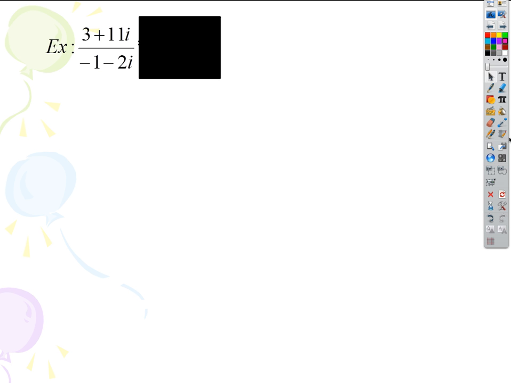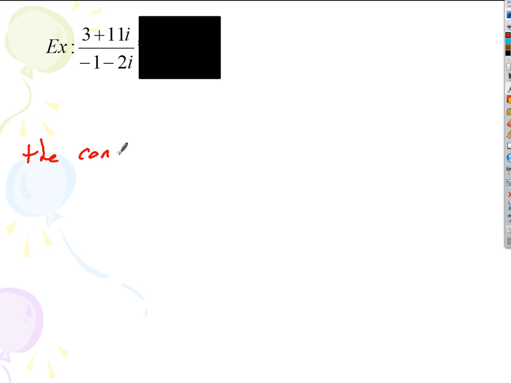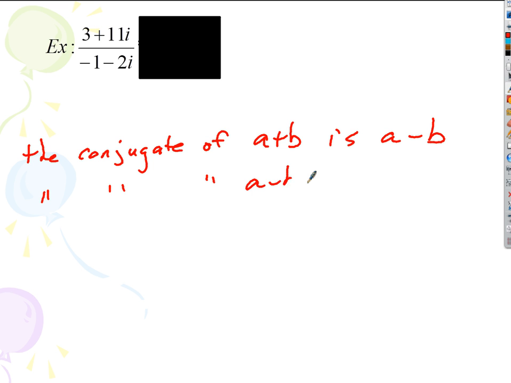Here's the definition of conjugate. It's very simple. It's just a pattern. The conjugate of A plus B is A minus B. Okay? The conjugate of A minus B is, what do you think?